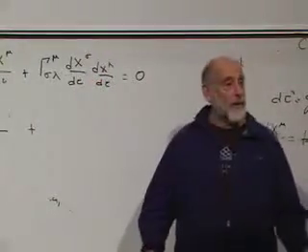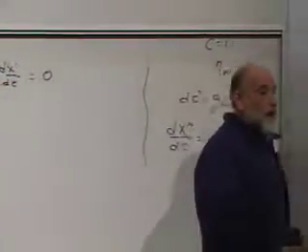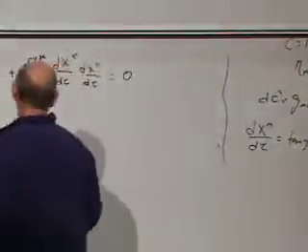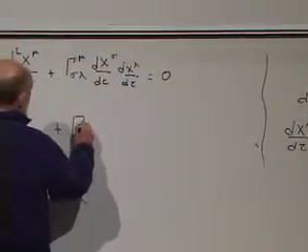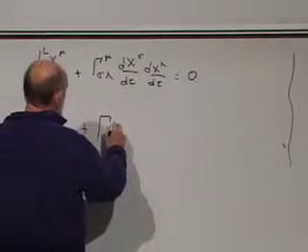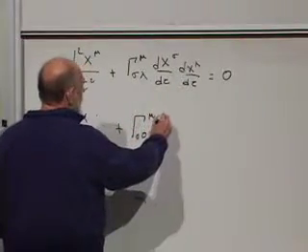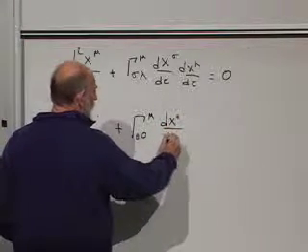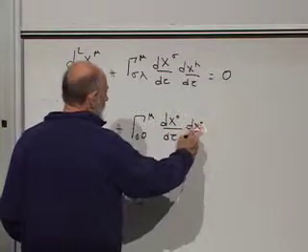How big is dx naught by d tau? 1. So to a good approximation, the only thing which is here is gamma 0, 0, mu dx naught by d tau, but that's just 1 dx naught by d tau.